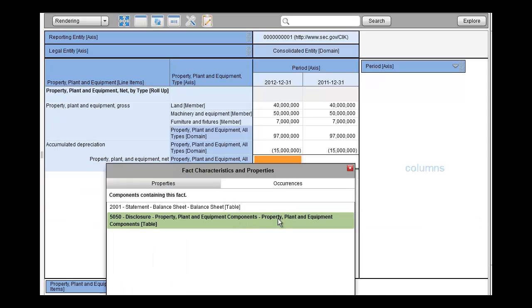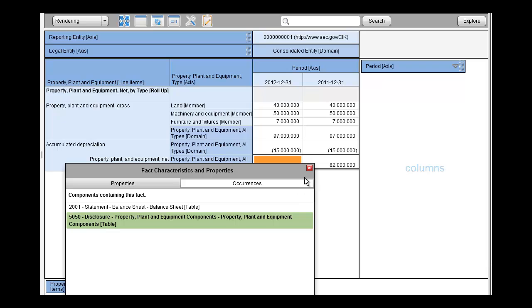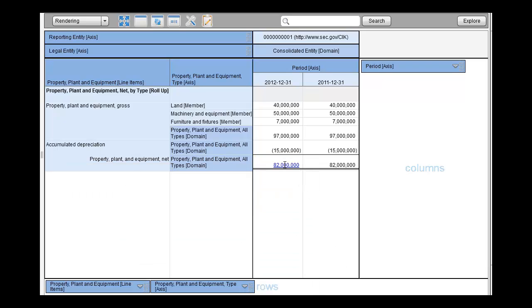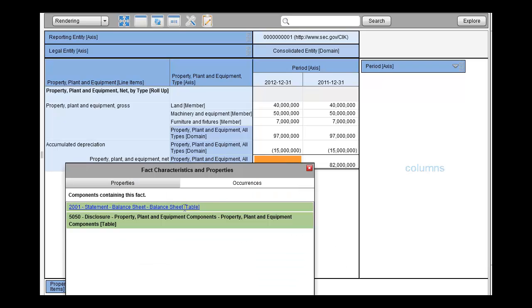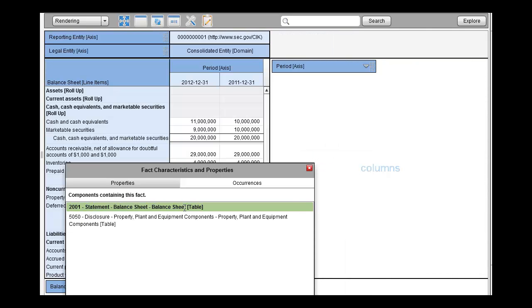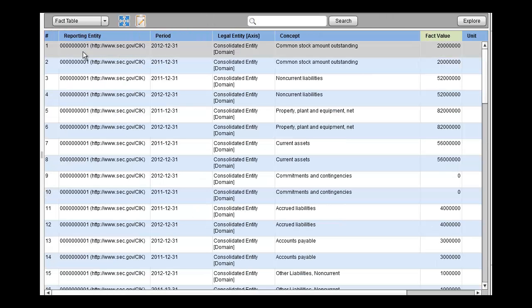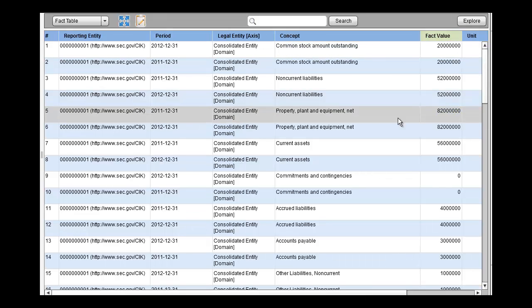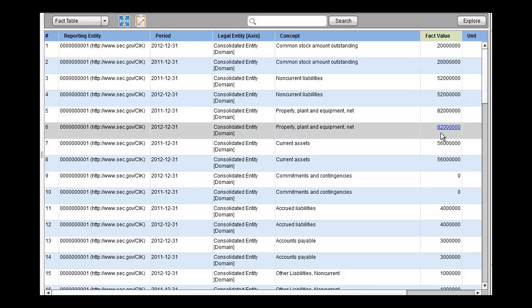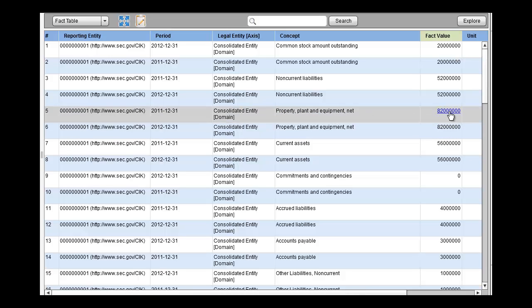Okay, I can't seem to make this go away. So going back to the balance sheet for a second, if I go to the fact table on the balance sheet, you can see that the fact has the reporting entity, period, legal entity, concept, characteristics for the fact value, and here you see the property, plant, and equipment net amount that we were looking at.